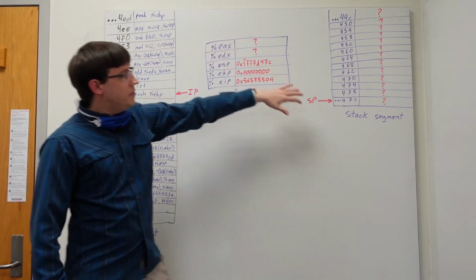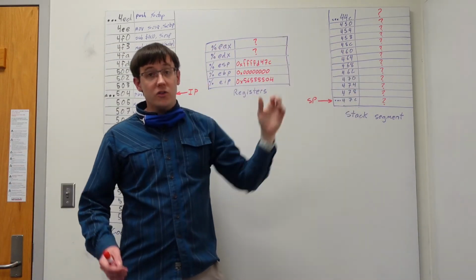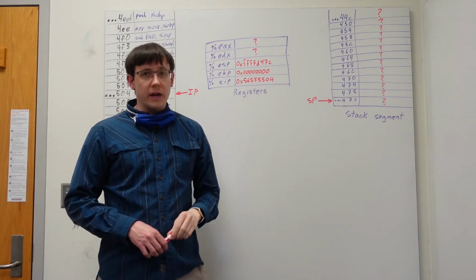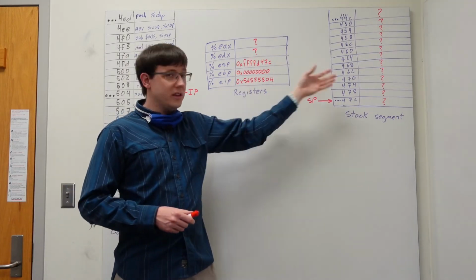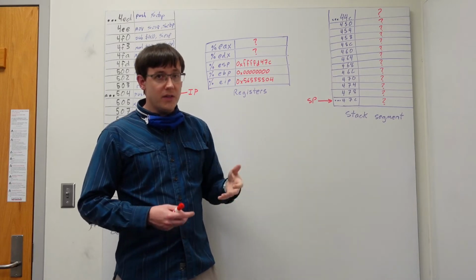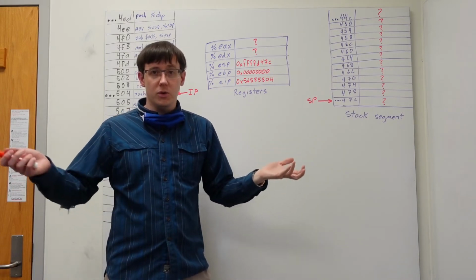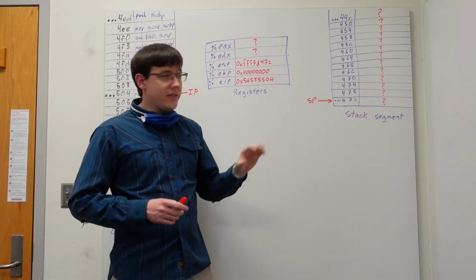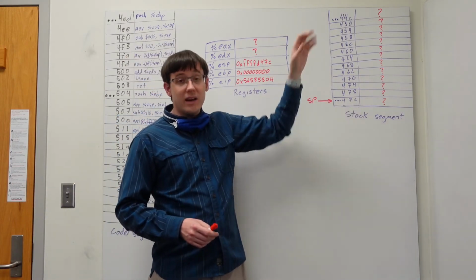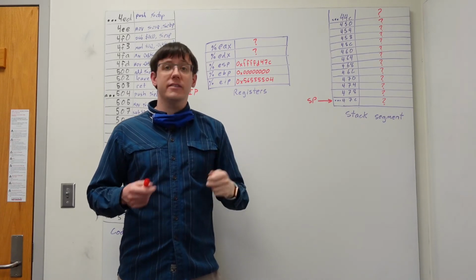For many of the registers and memory locations, we don't know what they're currently storing. We could, in principle, inspect these locations using the debugger, but the data that's there is just garbage left over from whatever the computer was doing previously.